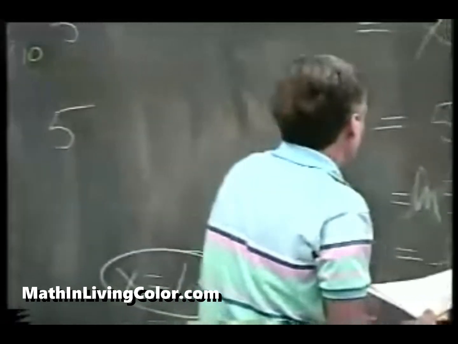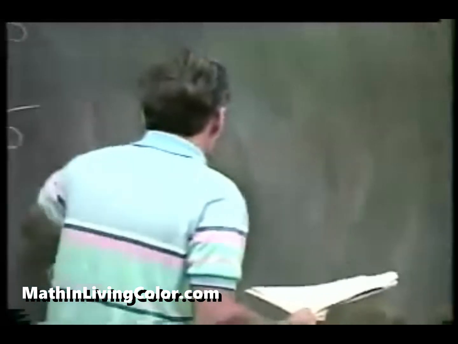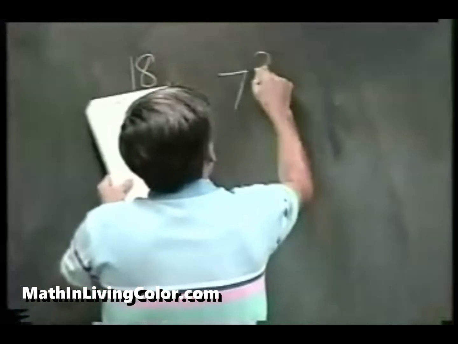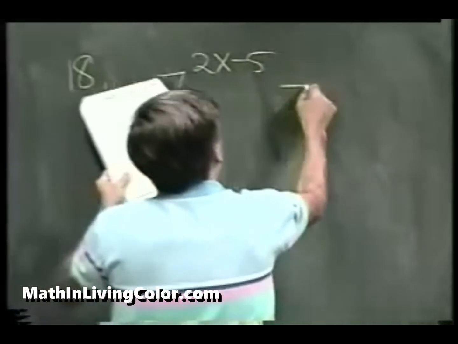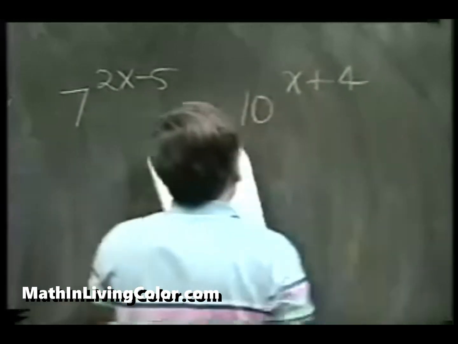All right, let's take a look at problem number 18. Number 18 says 7 to the 2x minus 5 equals 10 raised to the x plus 4.